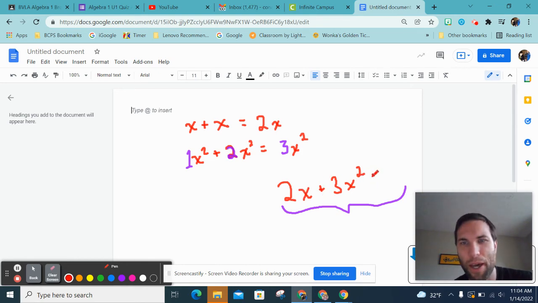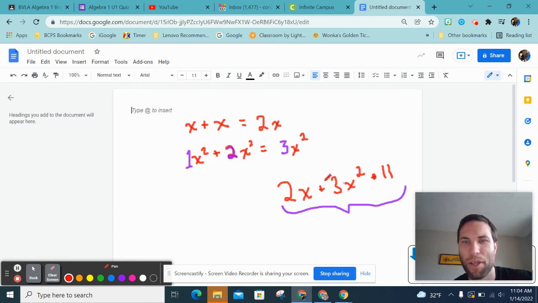Now you might also have a constant over here, like plus 11, for example. And remember, none of these 3 terms are alike, and so you can't put them into one term.